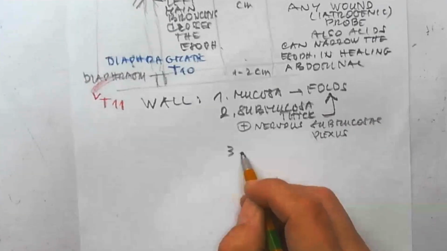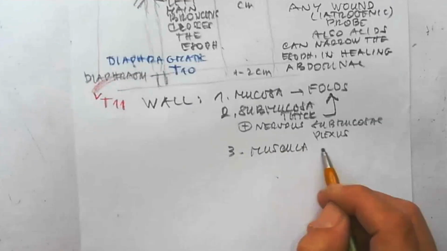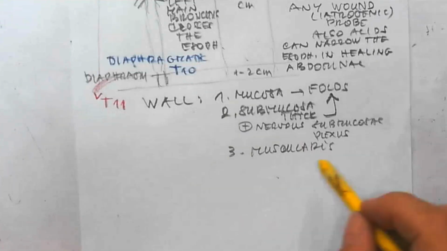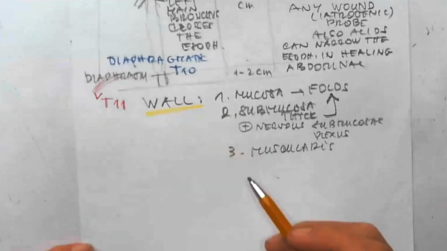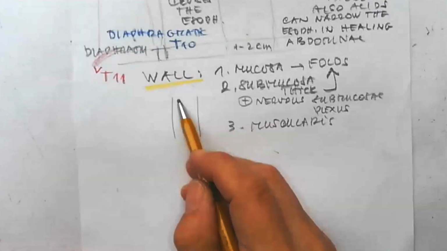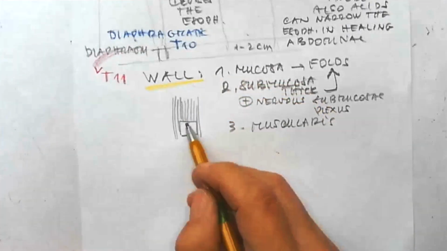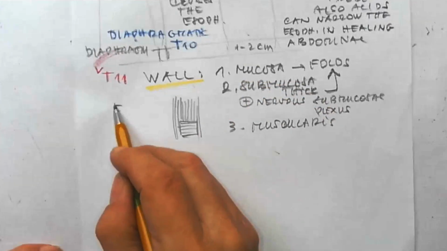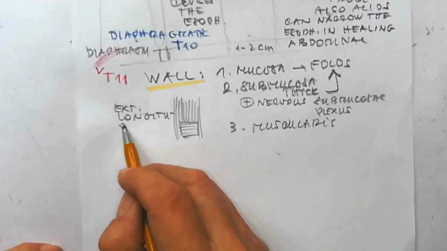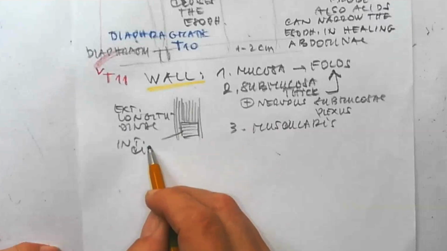And then number 3 is the muscularis. The muscularis wall consists of 2 layers: external longitudinal and internal circular.